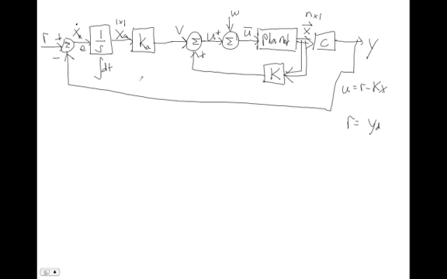So the logic of this is fairly straightforward. In the event that there is no error between our desired signal and our actual, then the integral of 0 gives a 0, and we basically tell our system, don't do anything. You must be doing everything right because your signals are tracking perfectly, so don't do anything.